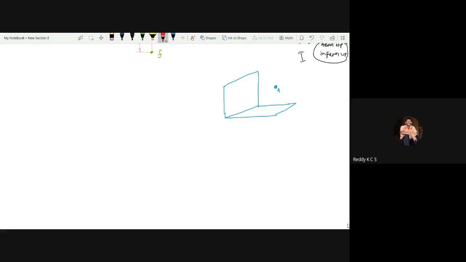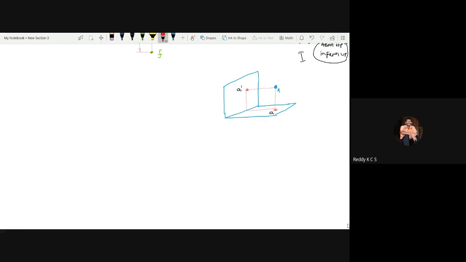The point projection is like this, of the same size. This is the top view, and this is the front view. Then I am representing them with A dash and A, and the line joining the front view and top view is called the projector. Right?